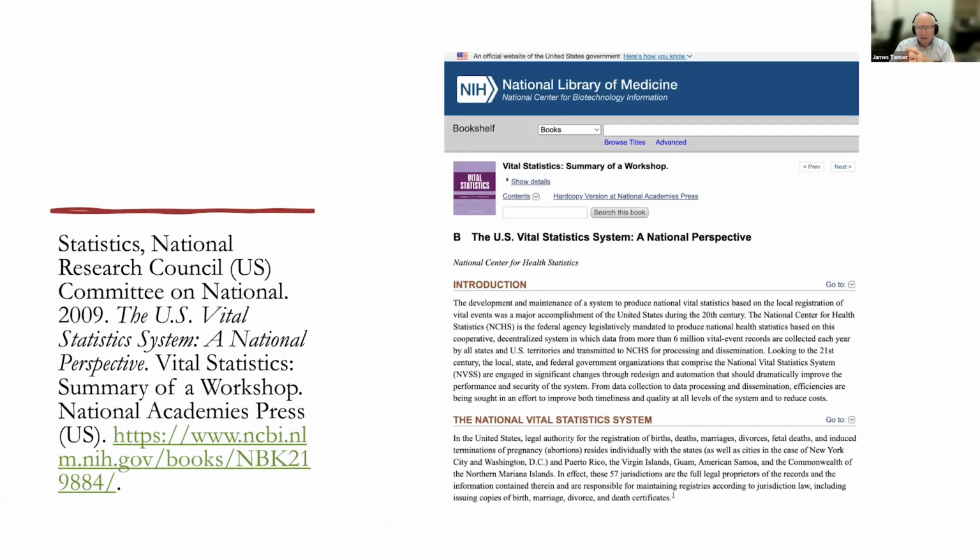Now, as far as what's happening today, and here's a rather long citation to a document which I'm not saying you need to go and look at.